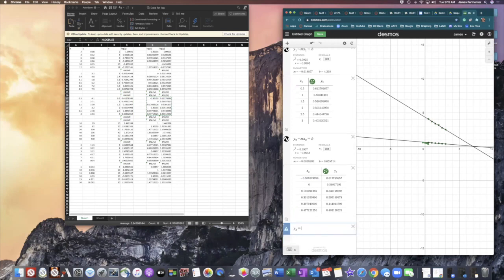I have a quick question. Go ahead. When we're looking at which one is the best fit for the graph, are we looking at the r squared or the r values? Either one, actually, whichever one is close to 1. If r squared is closer to 1, then the r value will be closer to plus or minus 1.